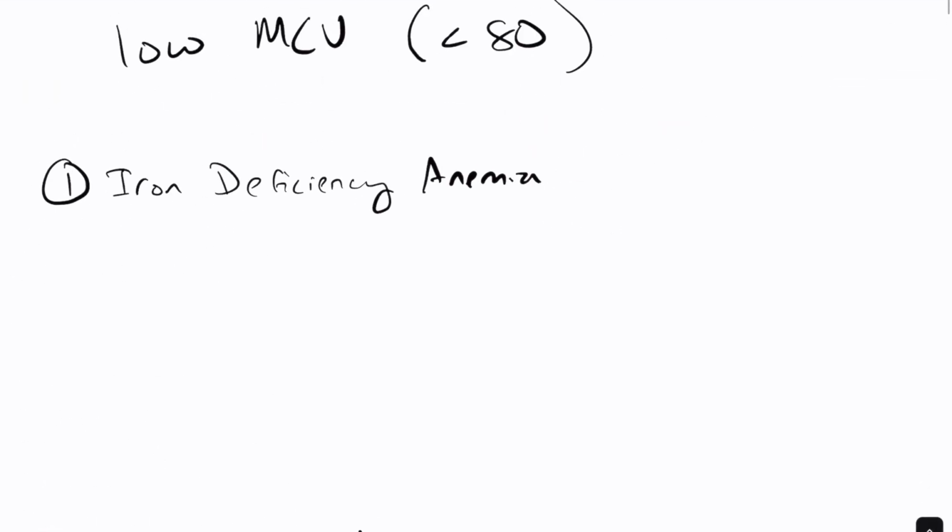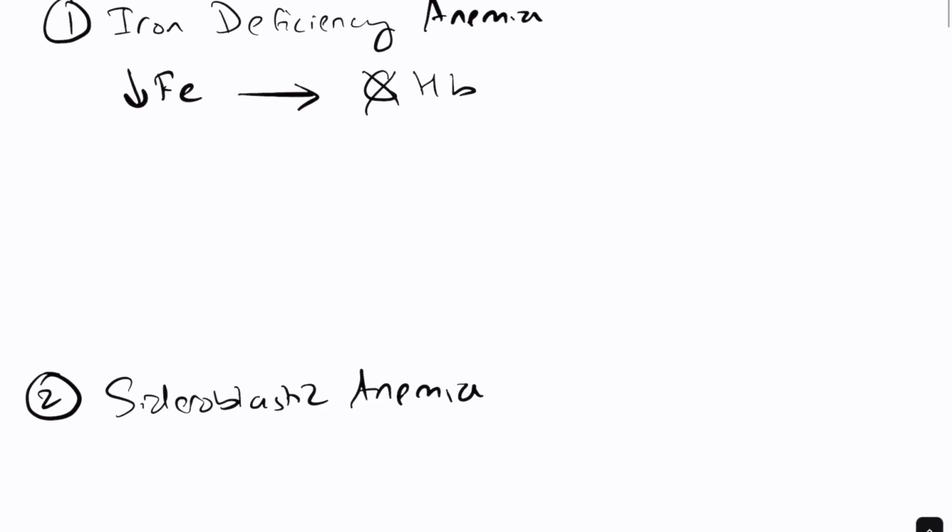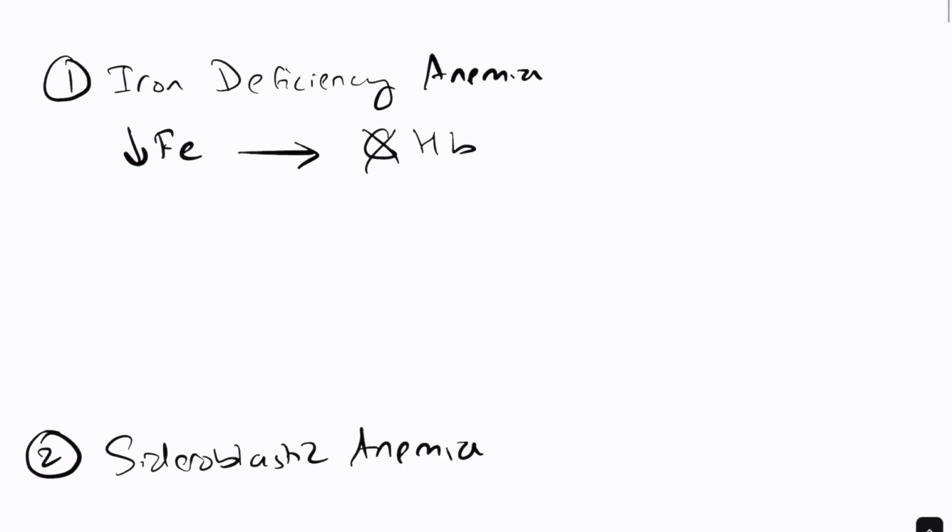All right, so the first thing about iron deficiency anemia is that basically there's a lack of iron. If you have a lack of iron, that causes a failure to produce hemoglobin. So the body can't produce hemoglobin because of a lack of iron. The main thing to understand about that is your lab values.